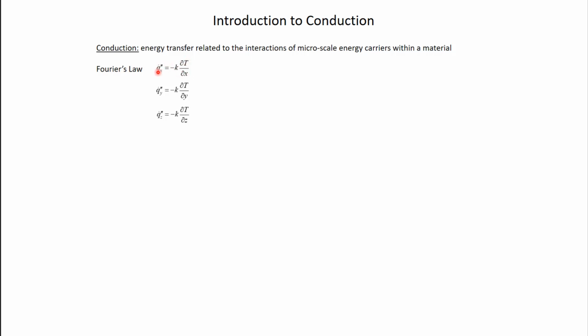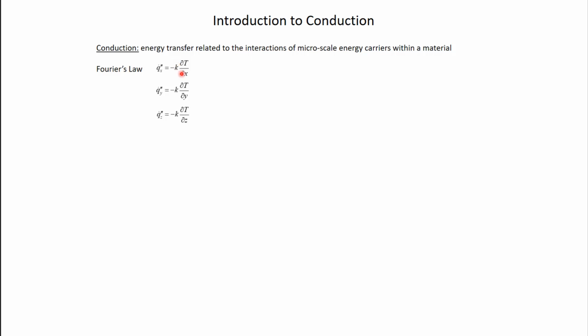So this is a rate equation giving you the heat flux, watts per meter squared, in terms of what the temperature is doing. That's what all rate equations do, is they relate a heat transfer rate to something about the temperature. So here we have watts per meter squared. Over here we have Kelvin per meter.